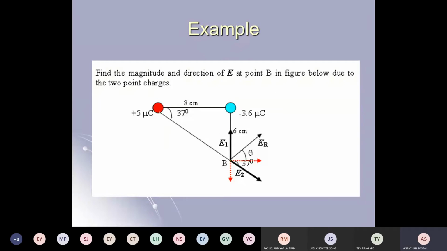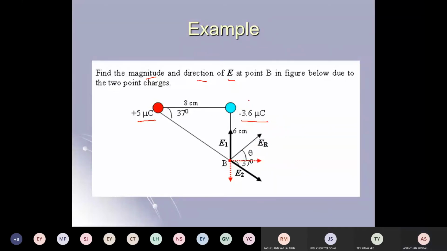So there are two charges, positive 5 microcoulomb and negative 3.6 microcoulomb here. Find the magnitude and direction of E at point B. They're asking at this point B, what is the net electric field strength caused by these two charges?